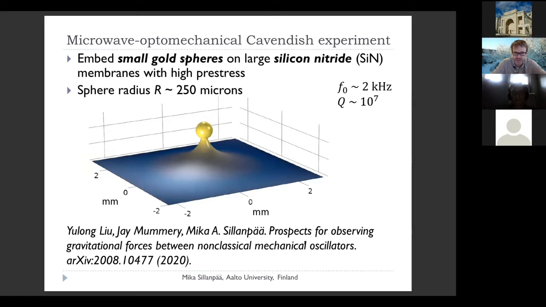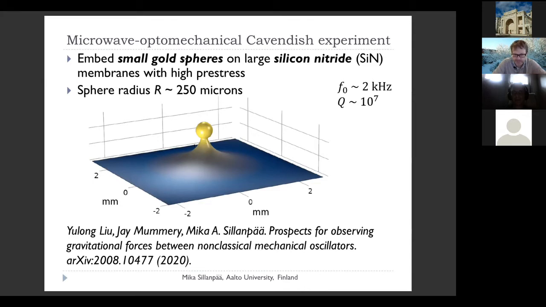This is a COMSOL simulation of the thin silicon nitride membranes with high stress. It's 5 millimeters in size, and then there's the 0.5 millimeter diameter gold sphere. And this is the mode shape. You can easily imagine what the drum type of mode would look like if there's no mass loading here. So it's a little bit modified from here.